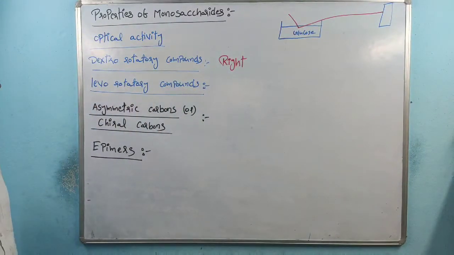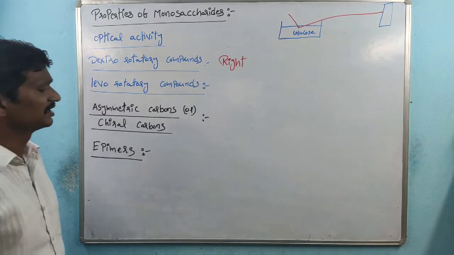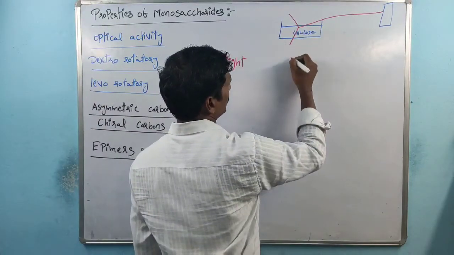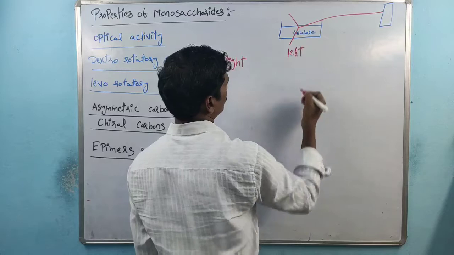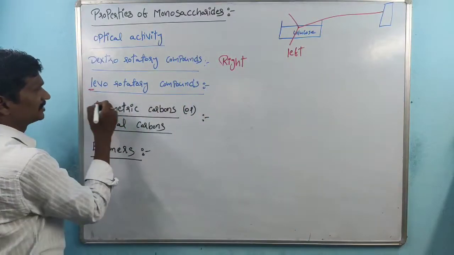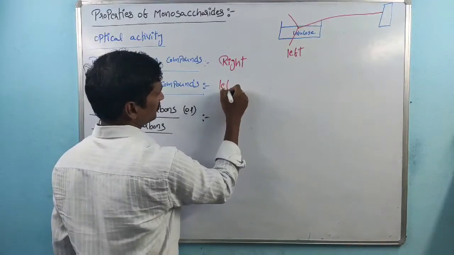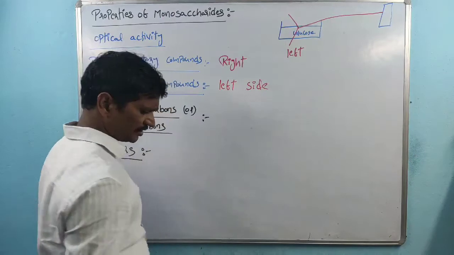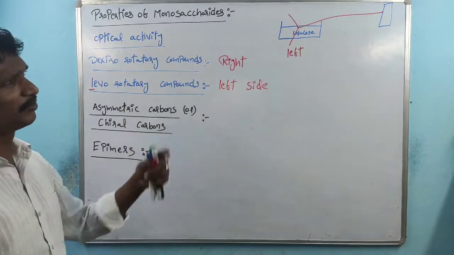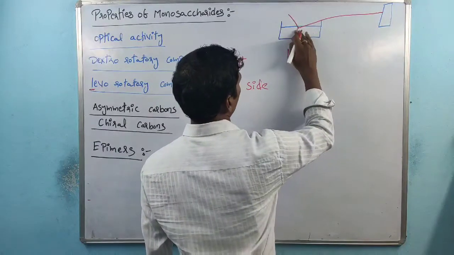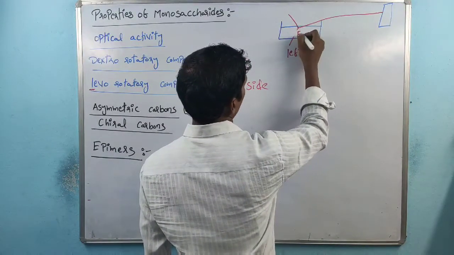Dextrorotatory compounds. Right, coming to the next one, the levorotatory compounds. Here, if the light is shifted to the left side. Same plane polarized light, but this time we are taking maybe the fructose solution.